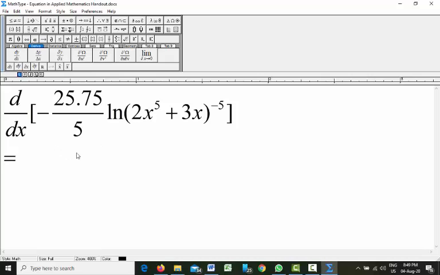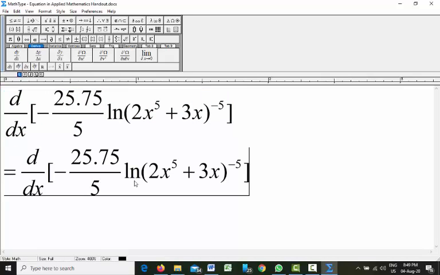First of all, as I said before, if you see that there is some power in front of ln, before you do differentiation, you first simplify. So we will not do differentiation now, we will first simplify.